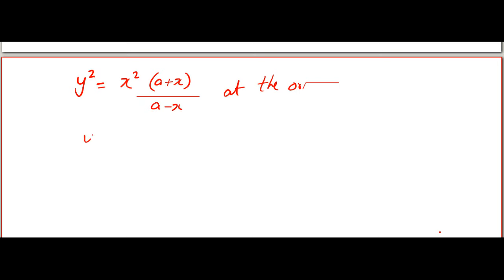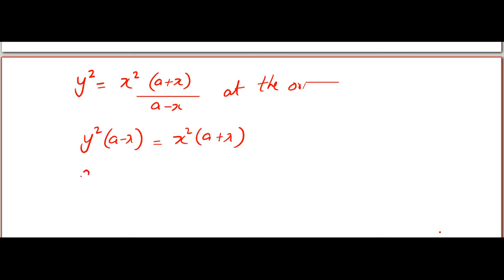Now another question. So find the radius of curvature for y square is equal to x square multiplied by a plus x the whole divided by a minus x at the origin. So the first thing I am going to do is I am going to simplify this and find the tangent at the origin.